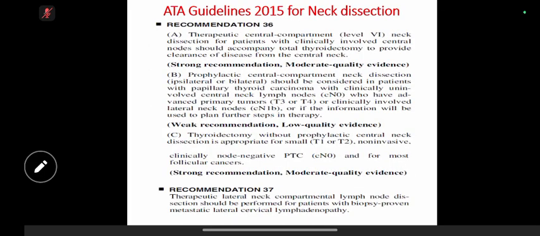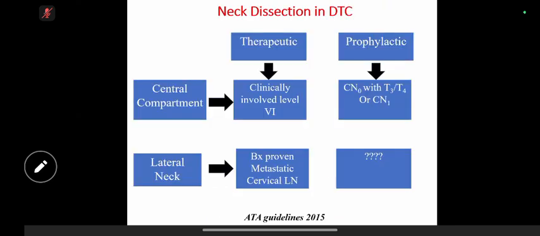So these are the ATA guidelines for the neck dissection, in simplified form. For the central compartment with clinically involved level 6 nodes, there should be therapeutic central neck compartment clearance, and prophylactic central compartment dissection was suggested when it is clinically N0 with advanced T3, T4 tumor or clinically cN1 disease.